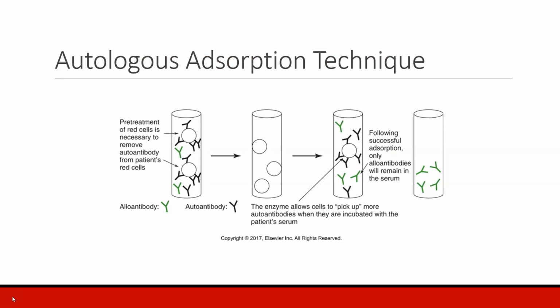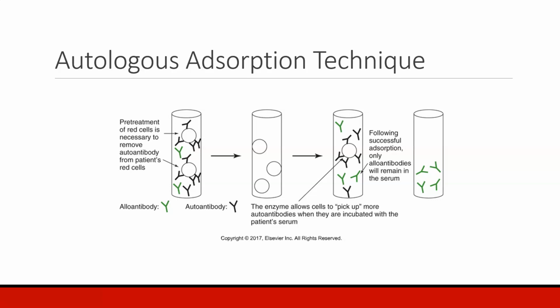So here's an illustration. I love illustrations. You can see that alloantibody is green and the autoantibody is black. So what has been done is in the second tube, the cells are treated and they become naked because the antibody is knocked off.